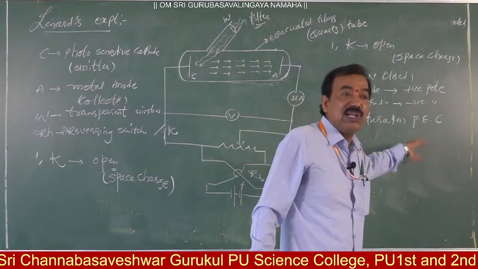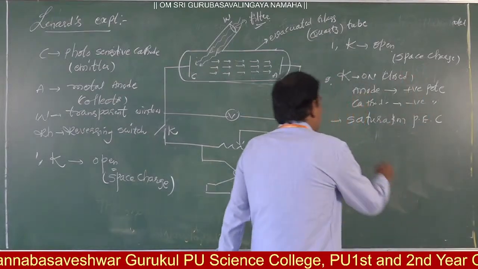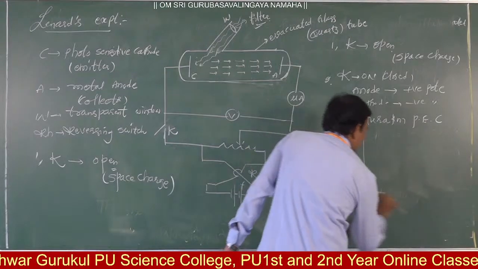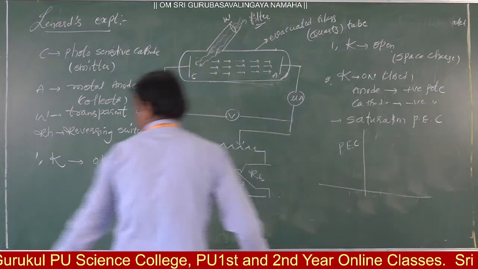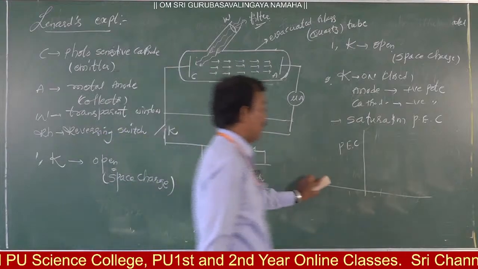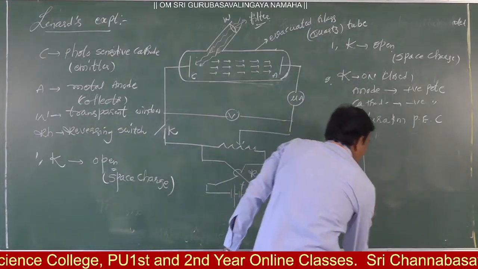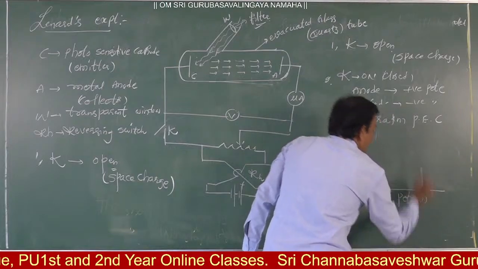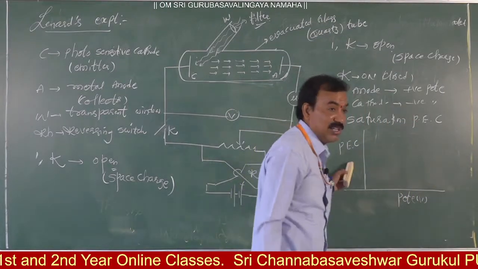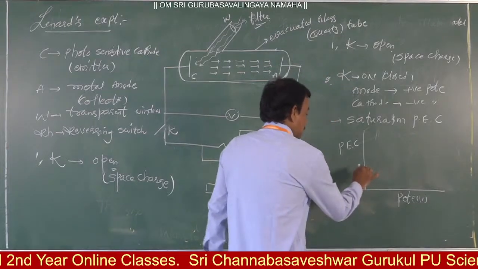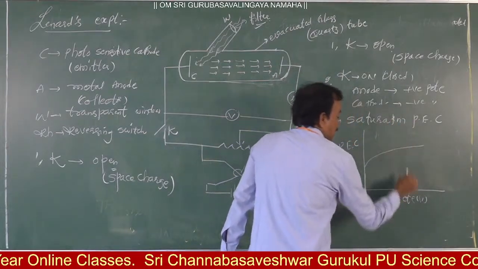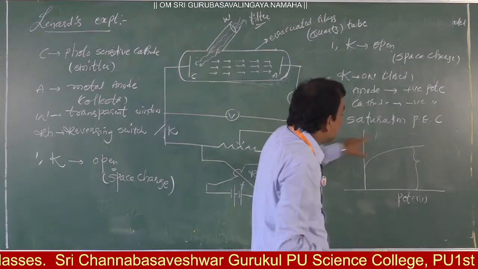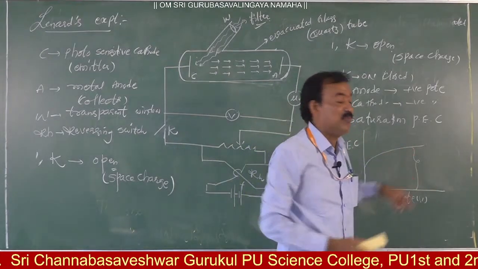Suppose this axis is the photoelectric current and this one is the anode potential V. As this potential is increased, the photoelectric current also increases. Then, as the potential is increased further, the photoelectric current remains constant.